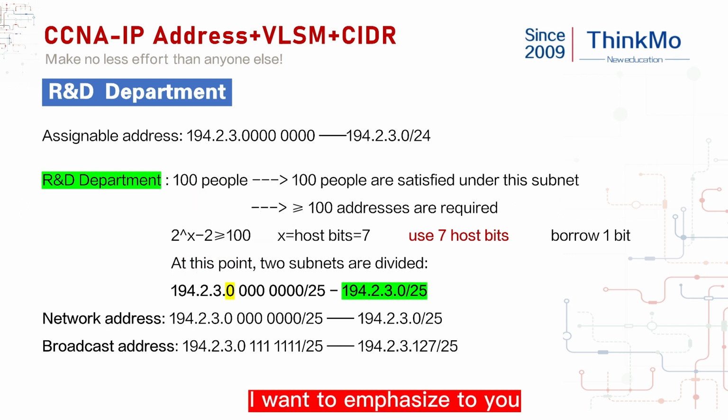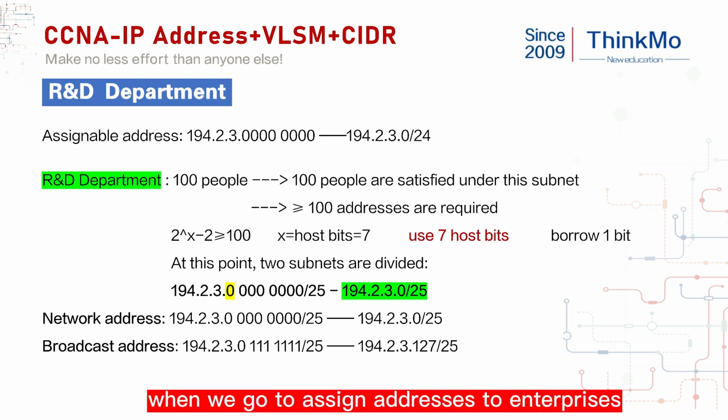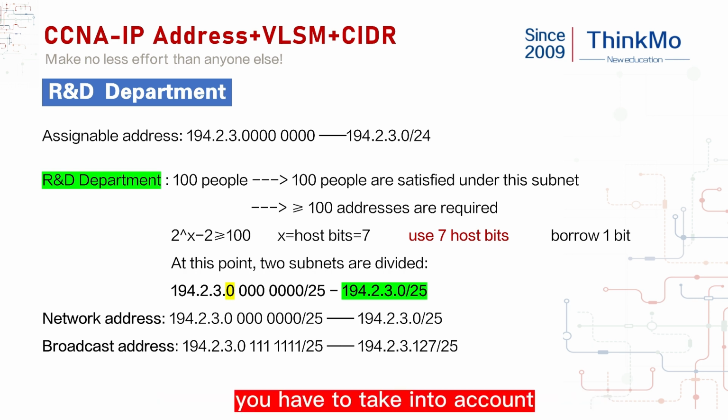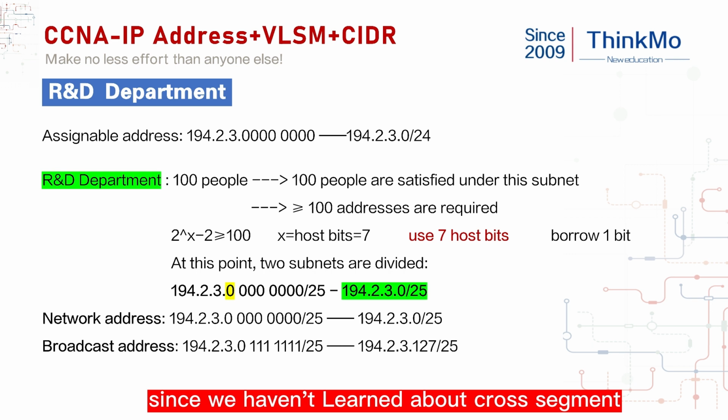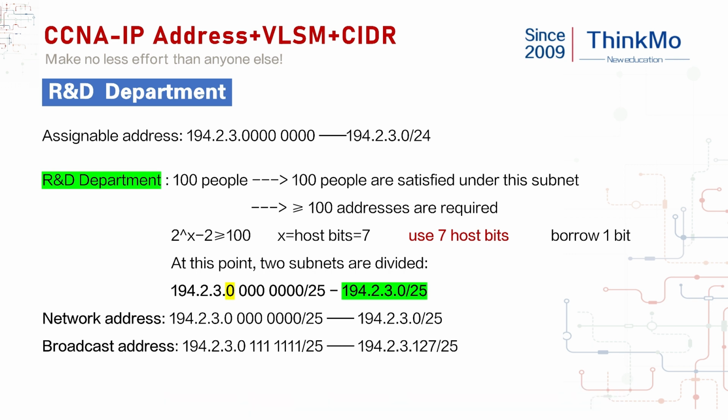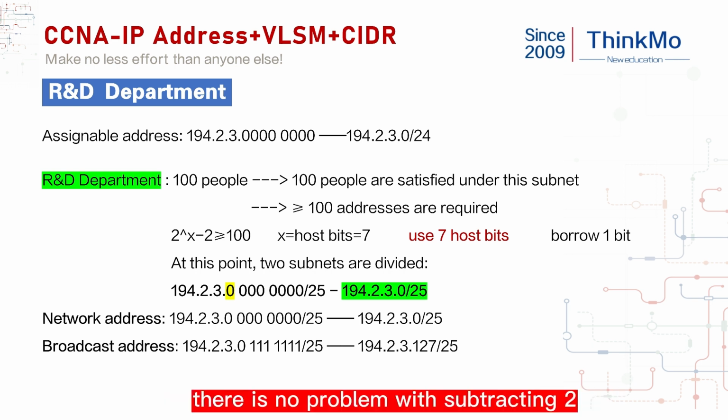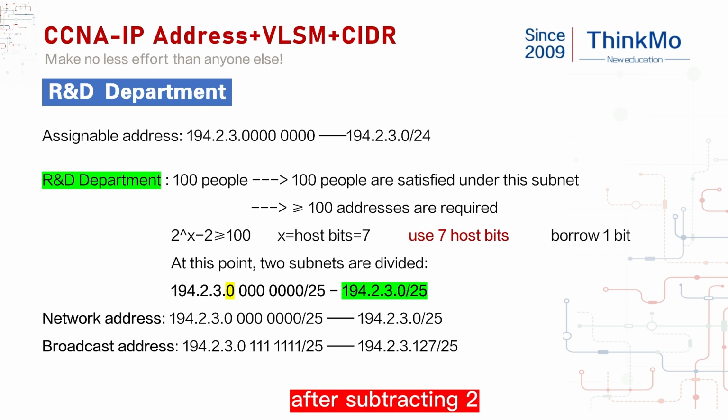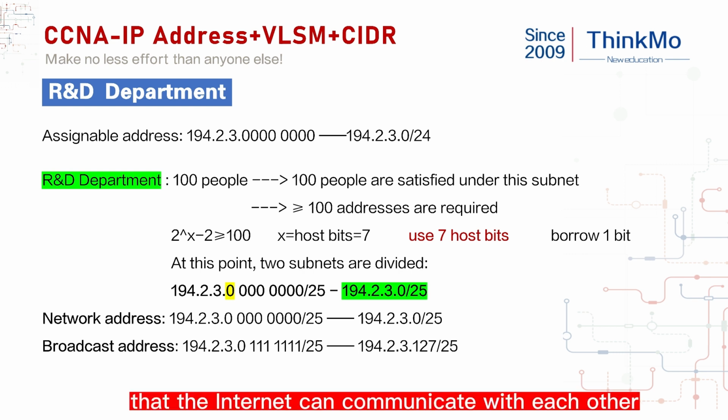I want to emphasize to you, we'll learn something later, the gateway. By default, when we assign addresses to enterprises, you have to take into account the problem of assigning a gateway to each network segment. Since we haven't learned about cross-segment communication, there is no problem with subtracting 2. After subtracting 2, the address is available, but only to ensure that hosts can communicate with each other.